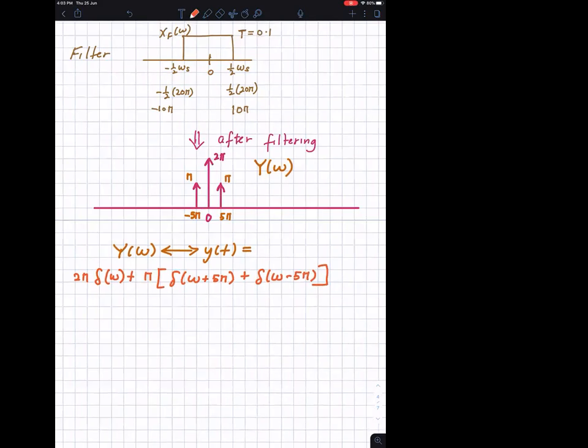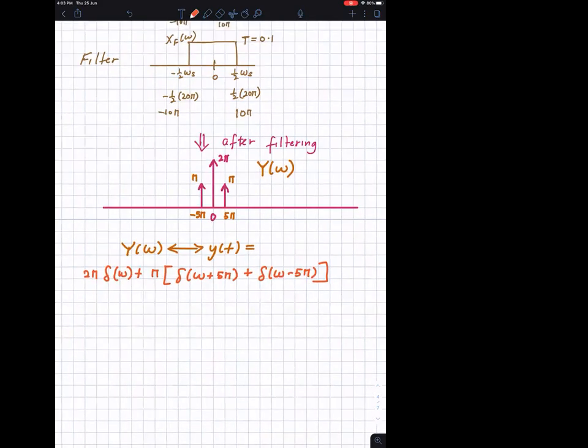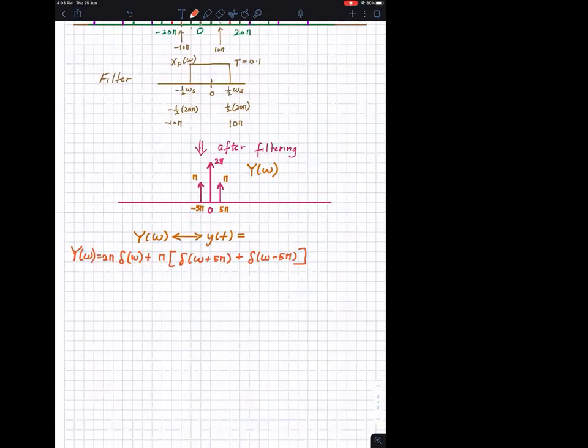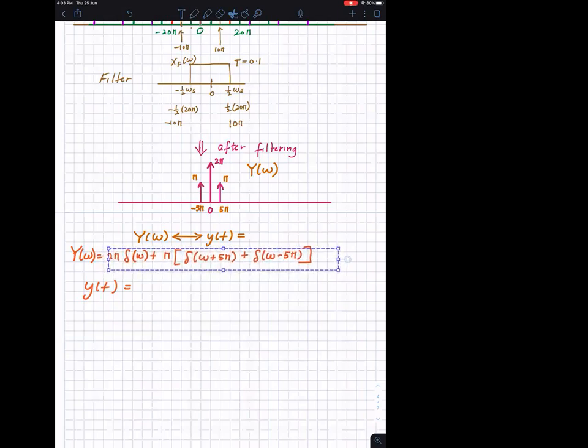Okay, so this is your output in frequency domain. So if I want to do the inverse Fourier transform, y(t) is equal to what? What about Yenle? Yes, sir. So what is the inverse Fourier transform of this 2 pi delta omega?